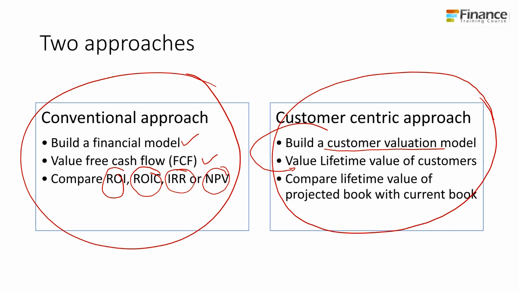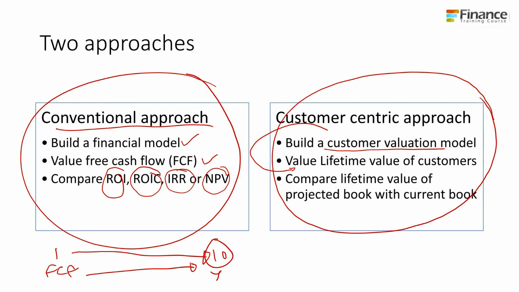If you compare the 2 approaches, your conventional approach starts with year 1 and goes to, let's say, year 10. And it says, year 1 our free cash flows are going to be X, and year 10 our free cash flows are going to be Y. And the difference between these 2 is essentially an indication of the value that we've created.